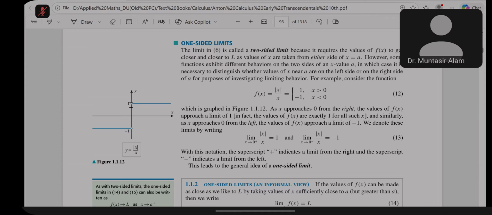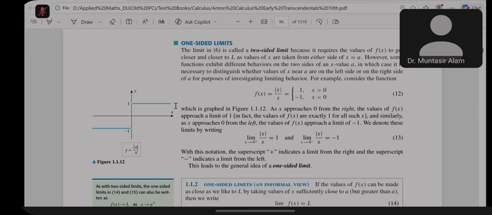That's why we see there is a hole in the positive y direction and there is another hole in the negative y direction. But if we take x greater than 0, then the function value is always 1. That means it's a constant function, so it should be a straight line parallel to the x-axis and 1 unit in the upward direction.